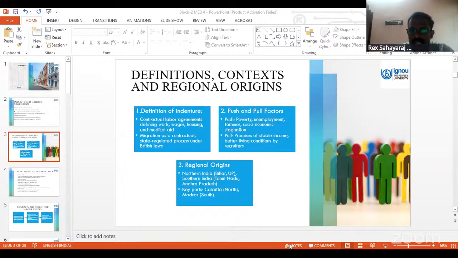So it was a contract by which the labor migrant was bound to work for an employer for 3 to 5 years, performing the task assigned to him for a fixed wage, free medical aid, ration food or something like that. So in the review of Conti in 1951, he defines this.